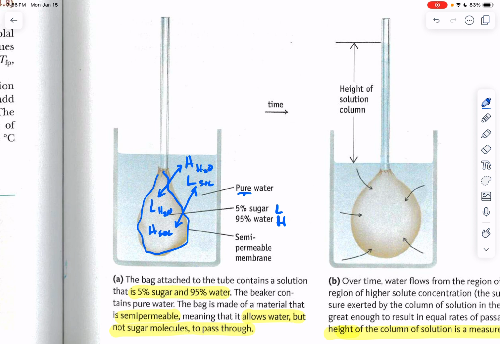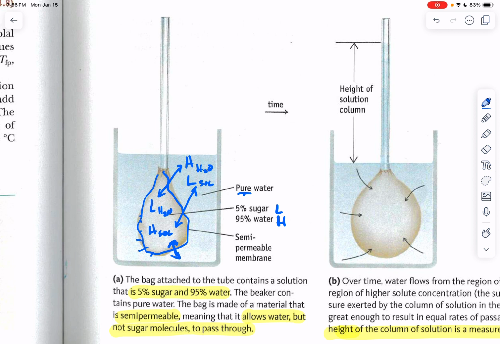Now, the idea here is that the pores or openings in the membrane allow water molecules, which are quite small, to travel through them in both directions. They can move in, they can move out, and they do so evenly when it's at equilibrium, of course. Meanwhile, the salt particles can't get through the membrane. They're too big. Those sodium ions and chloride ions, or whatever they are, can't get through the membrane.